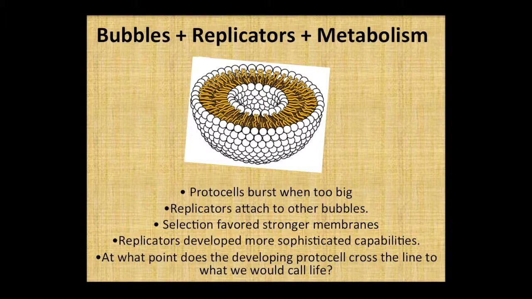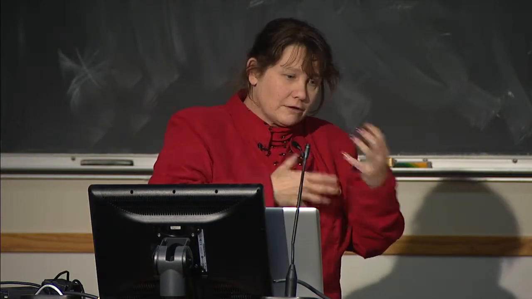And you get more and more sophisticated capabilities. And at some point, you'd want to call this thing that's replicating its inside and turning things over in a proto-metabolic way and dividing into two containers, you'd want to say, well, that's pretty much life.